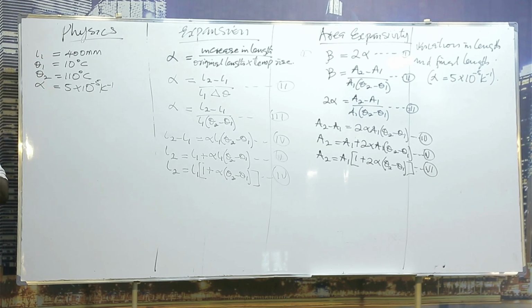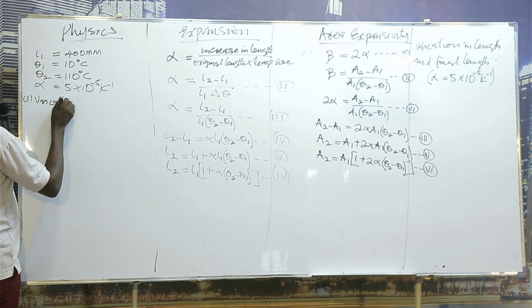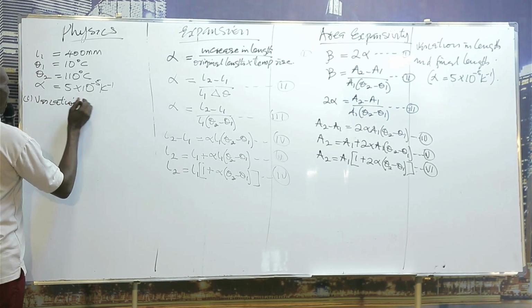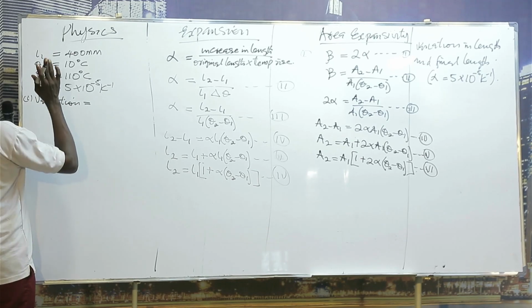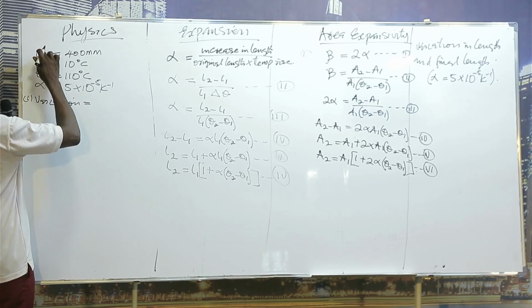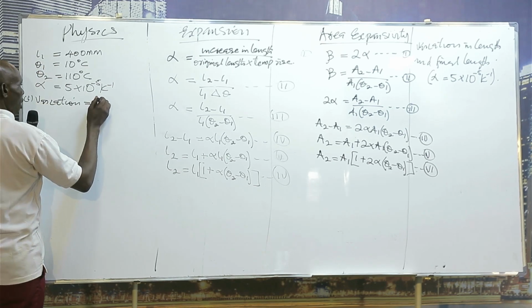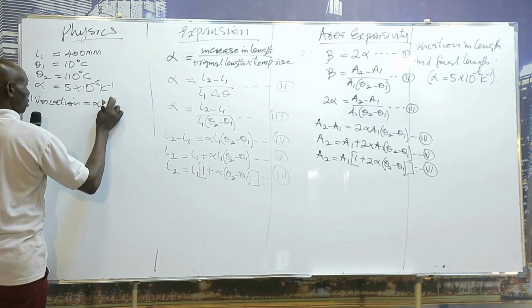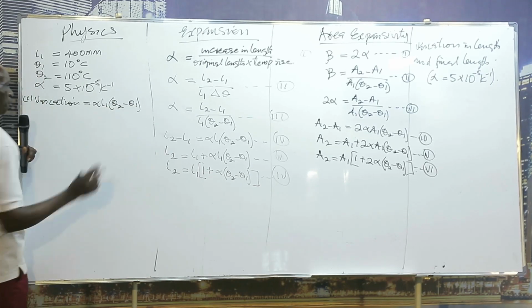And the first question is what? Variation in length. So for the question I, for the variation, we have L1 and change in temperature. Therefore, variation equals alpha L1 into theta 2 minus theta 1 will just solve the problem for me.